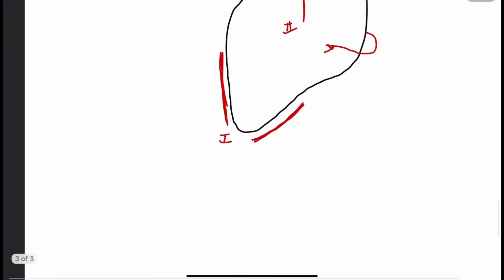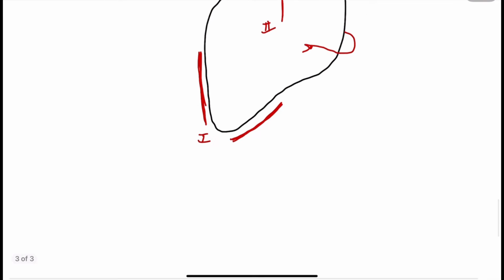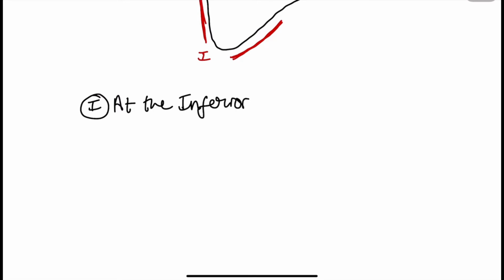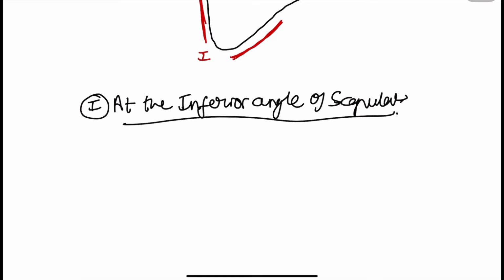Okay, so now let's talk about the anastomosis. So first we will talk at the inferior angle of the scapula. So one is your subscapular artery.